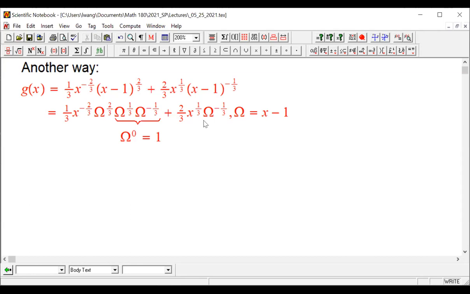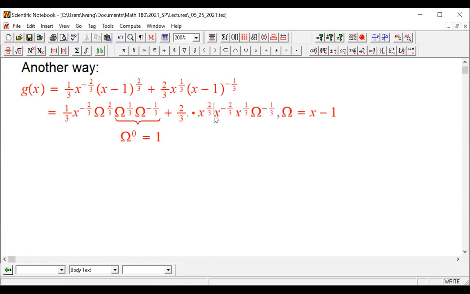For the next piece, I have this guy, but I don't have this guy. So I'm going to have to create that x raised to the power of negative 2/3. If I need this one in here, I cannot just put it here without balancing the equal sign. So I'm going to multiply by x raised to the power of positive 2/3.